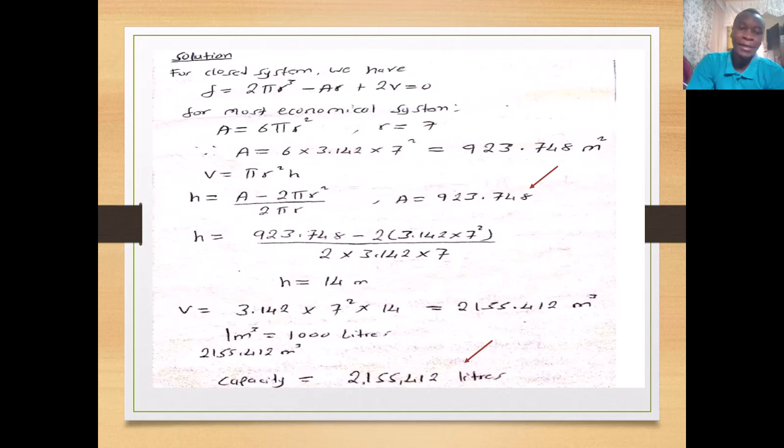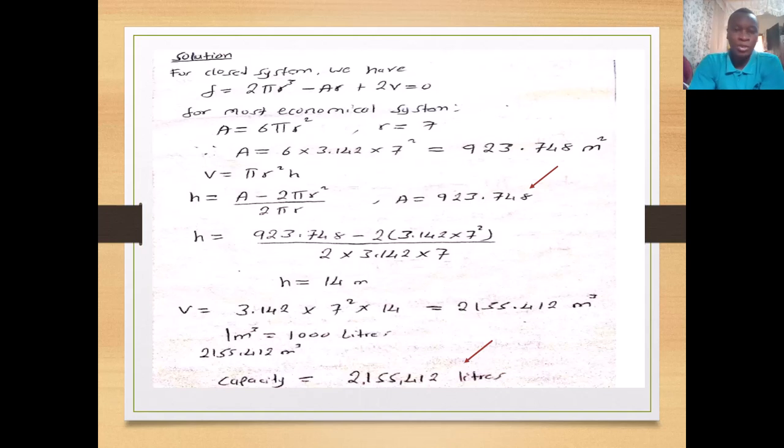Now we can go ahead and find the volume or the capacity of this model. We have πr²h. We have the h, we have the radius, so we simply insert what we have, and the volume gives 2155.412 cubic meters.